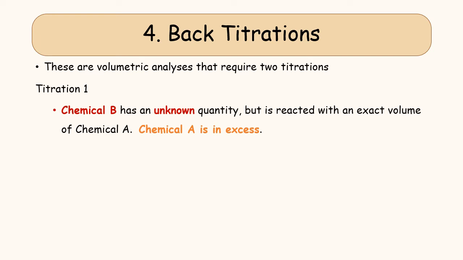Now your first experiment is either going to be a titration or a reaction, where you take a chemical with an unknown quantity and you react it deliberately with a known excess of a second chemical. So that chemical you react it with is in excess. What that means is that not all of that excess chemical is going to react.